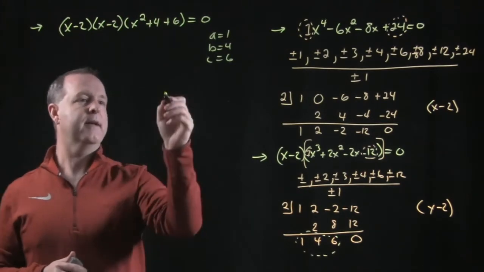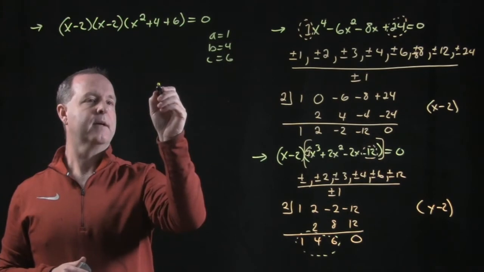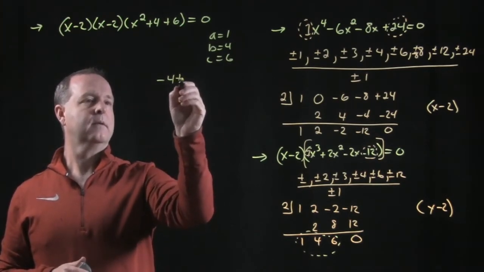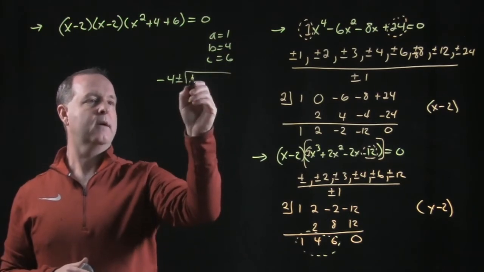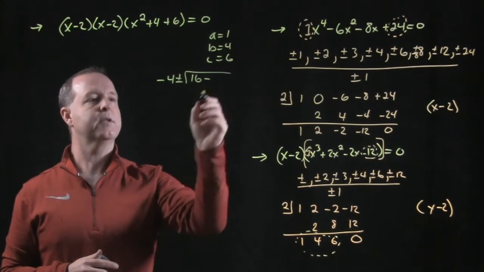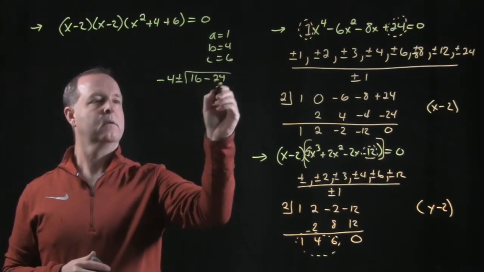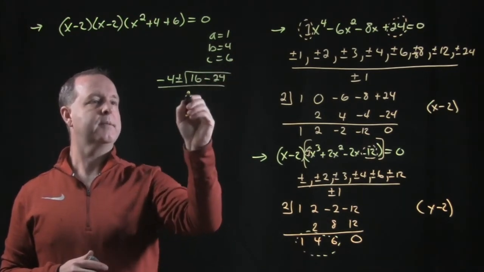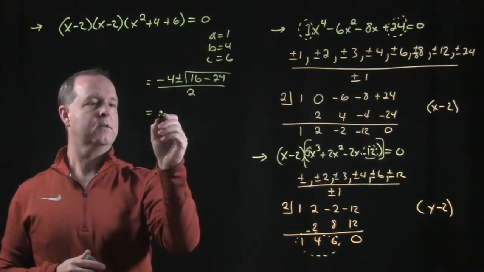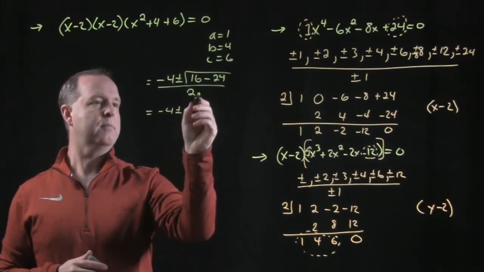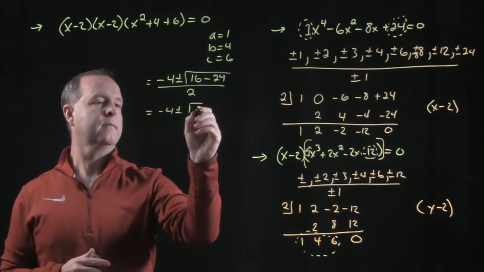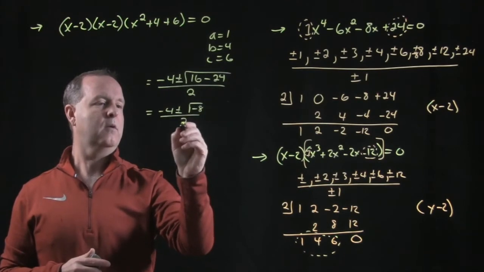So to solve that then, minus B plus or minus the square root of B squared minus 4 times A times C, which is a 24, all over 2 times A. That reduces down to a minus 4 plus or minus a negative 8 all over a 2.